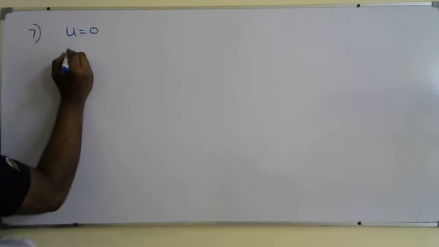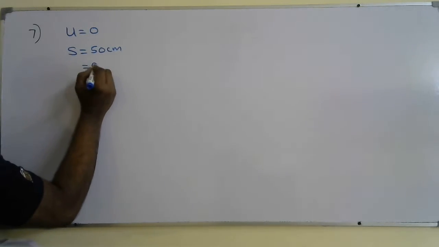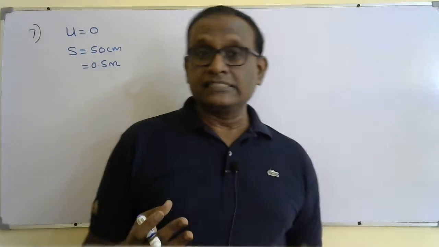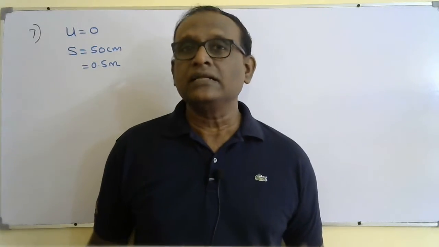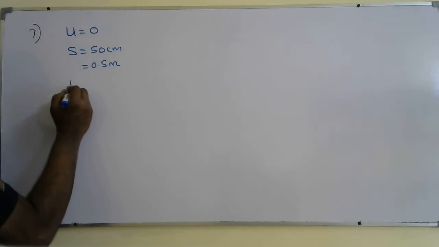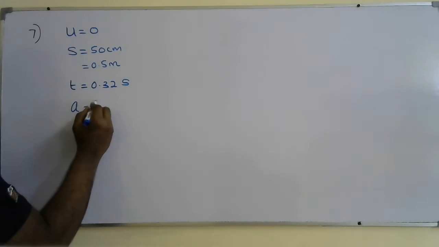And we know the distance traveled is 50 centimeters. That means it could be 0.5 meters. Normally we want to get the acceleration in meter per second squared, so the distance fallen, that is the displacement, should be in meters. And we know time t equals 0.32 seconds.